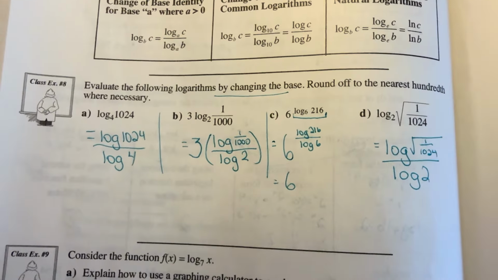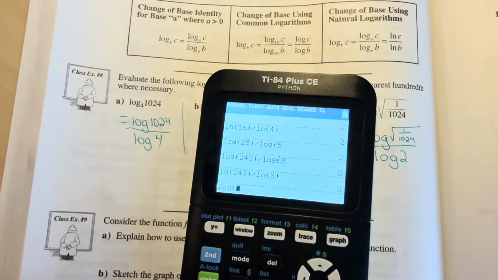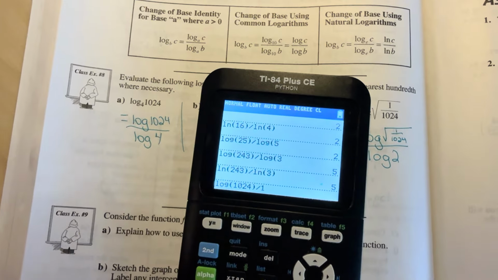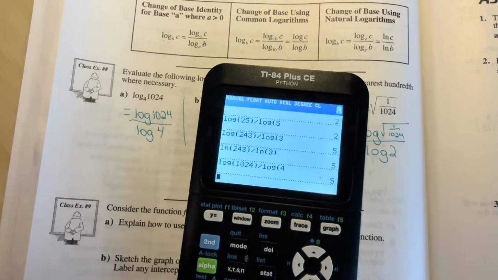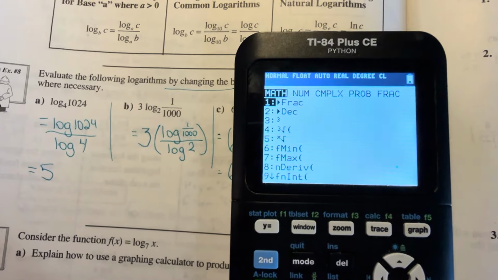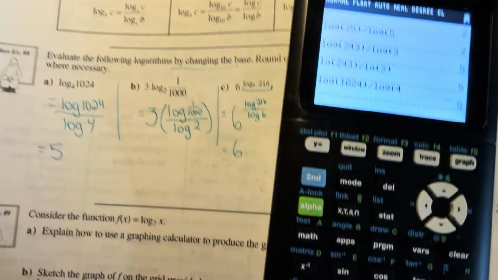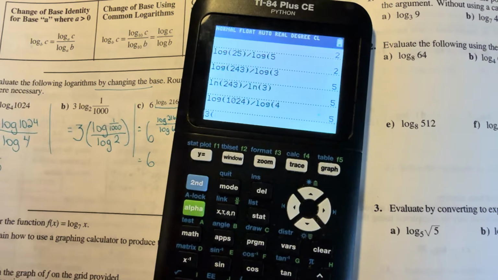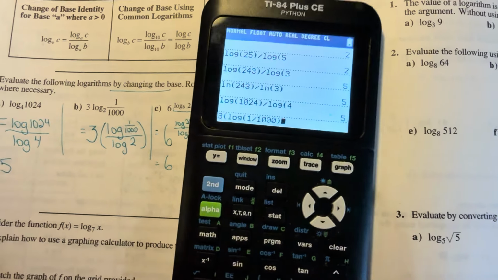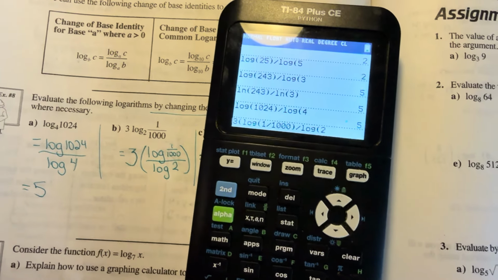So then quick as a bunny, let's calculate these. We're going to have log of 1024 divided by log of 4. The first one is equal to 5, which I think we knew. Then this one here, clear. I'm going to have 3 multiplied by log of 1 over 1,000, divided by log of 2.